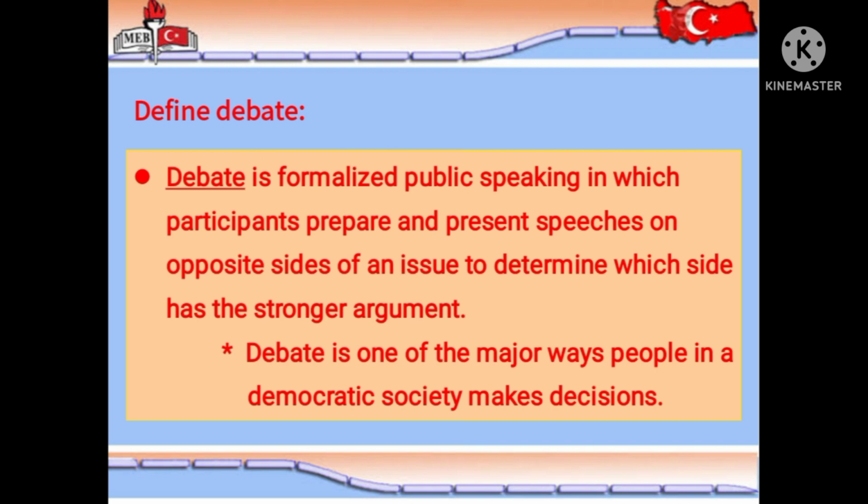Such a debate is bound by rules previously agreed upon. Debates may be judged in order to declare a winning side. Debates in one form or another are commonly used in democratic societies to explore unresolved issues and problems.